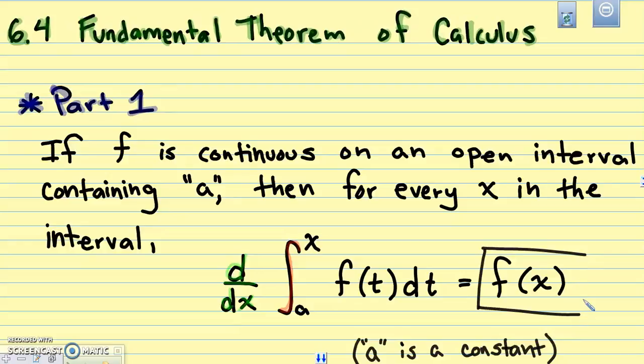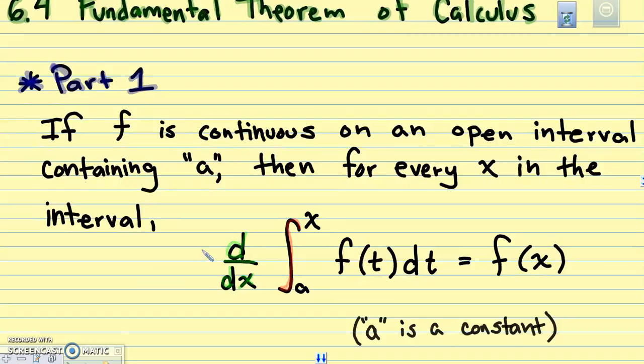Okay. Some other things that we learned from part 1 of the Fundamental Theorem of Calculus is that every continuous function f is the derivative of some other function, and we also learned that every continuous function has an antiderivative. Okay.